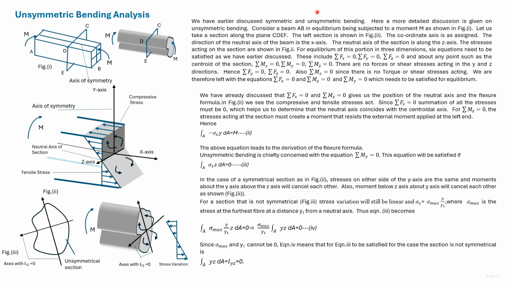Hence, if we choose the axes y and z so that the product of inertia is 0, we'll have My as 0 and a finite Mz value acting.